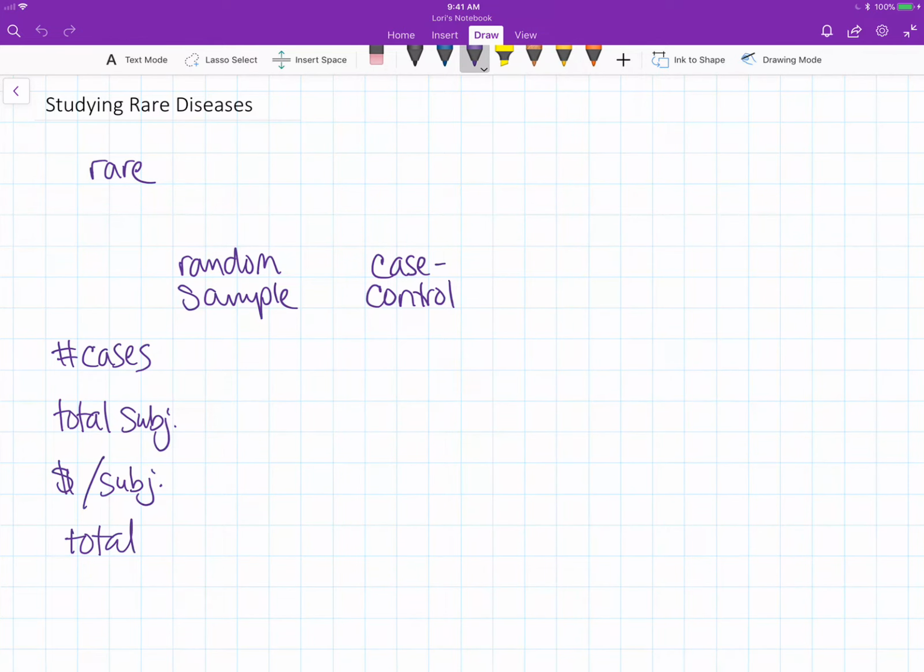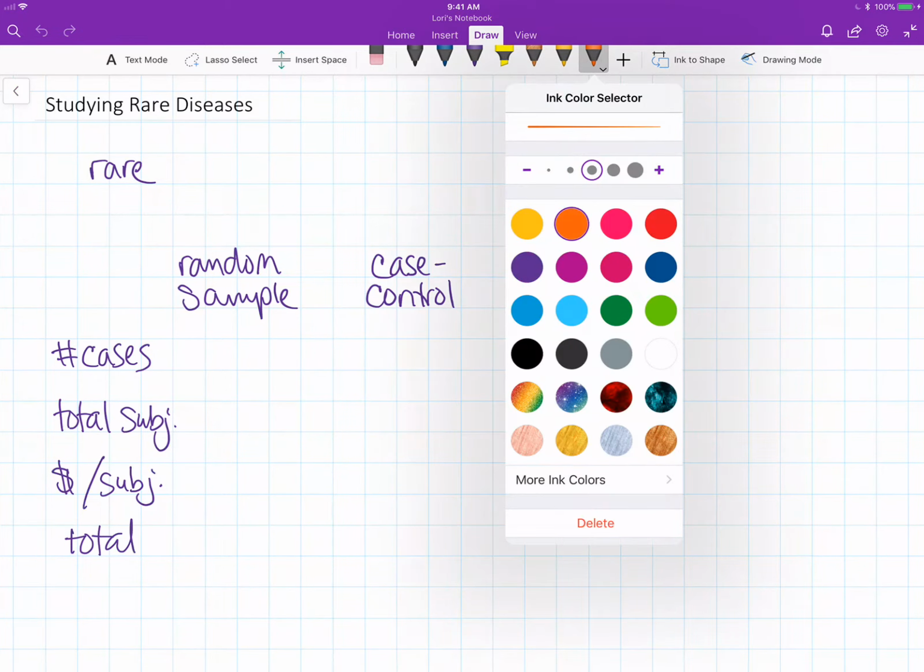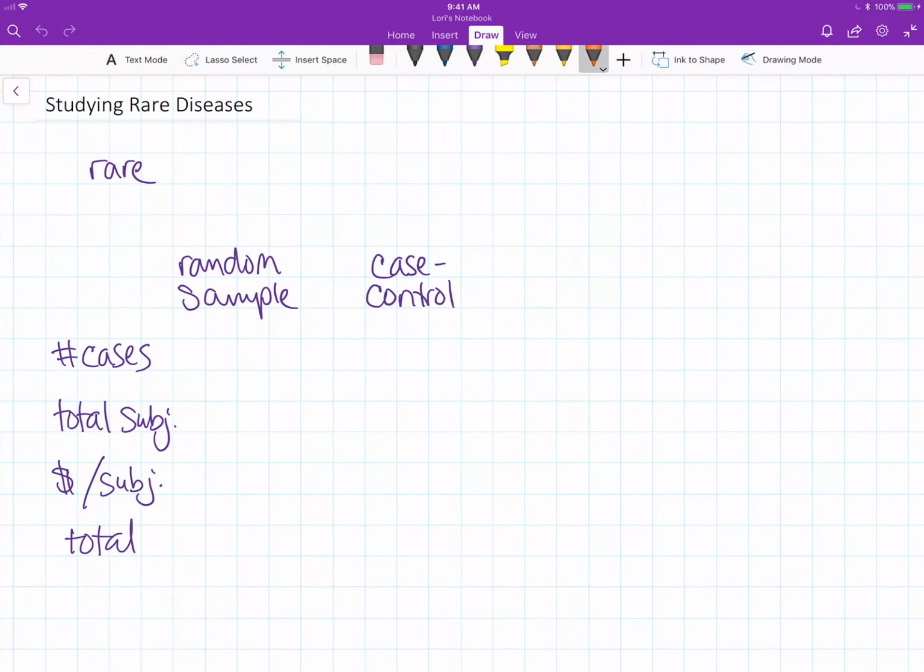So I want to start off by first making a note of what exactly is a rare disease. For most scientists, they classify that if it is less than 1% prevalence in the population or a specific subgroup of the population.